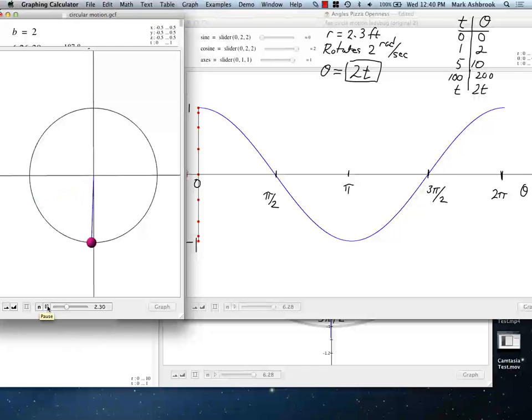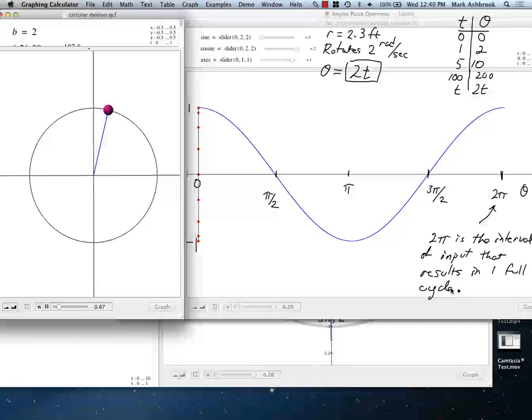So what this is called is this 2 pi here then. 2 pi is the interval of input that results in one full, what we call cycle of output values.